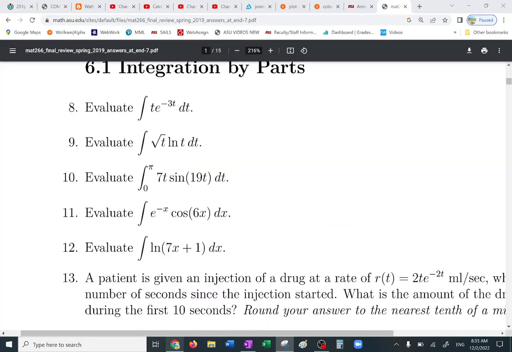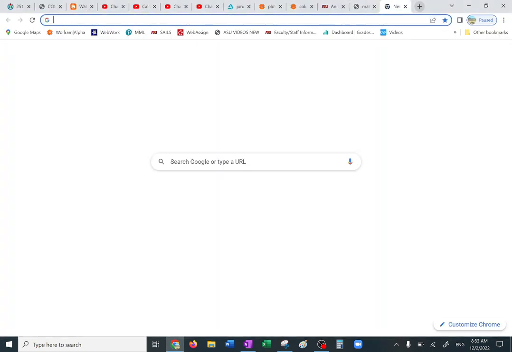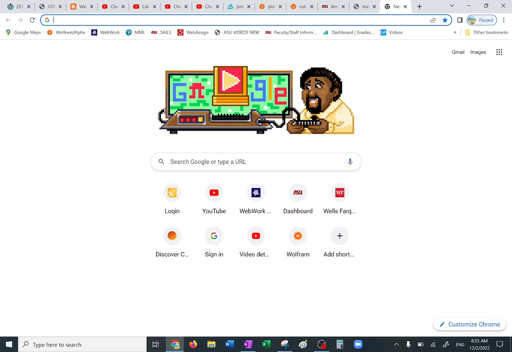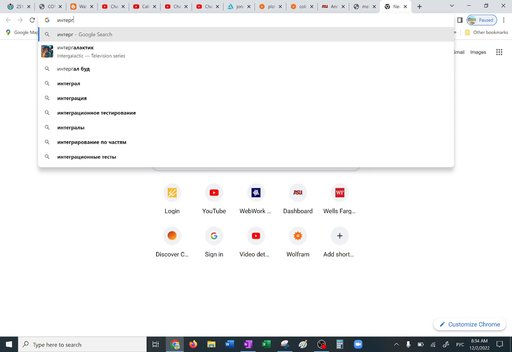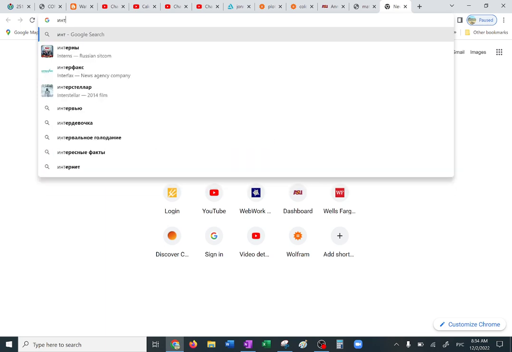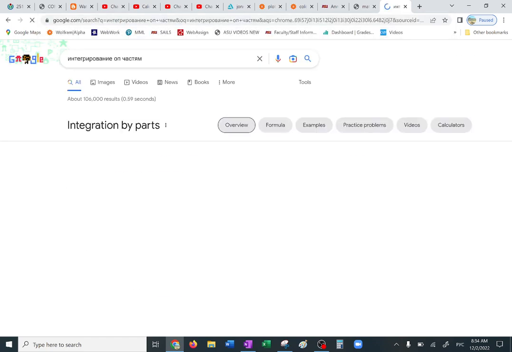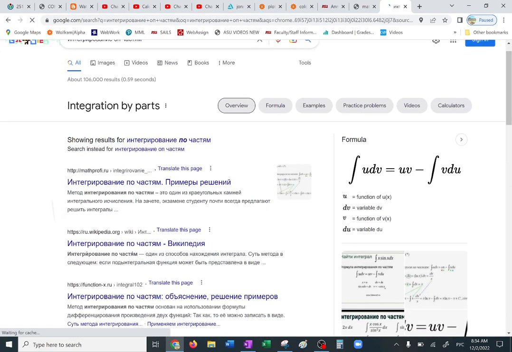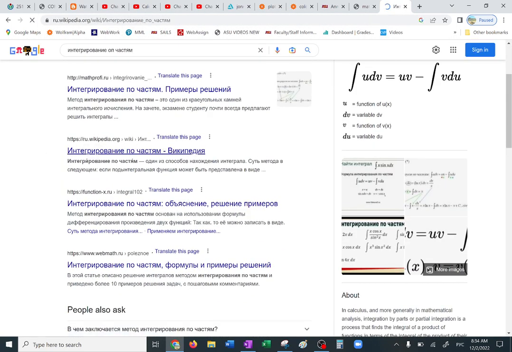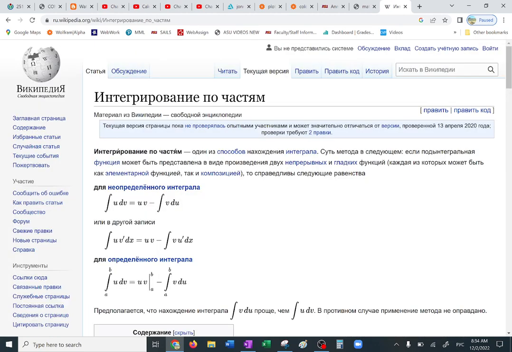Let me show you something interesting. So, integration by parts, in Russian language, it will be интегрирование по частям. So check it out how interesting it is. I keep mentioning that math is international language, and I will prove you that is true.